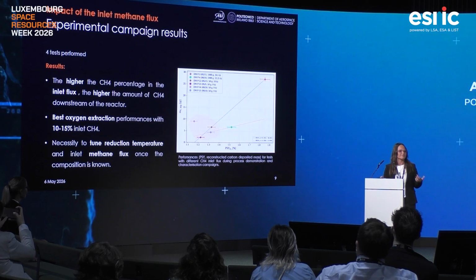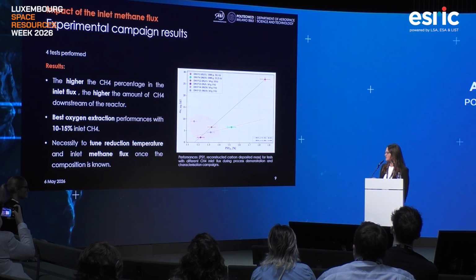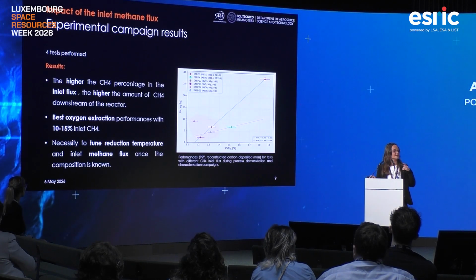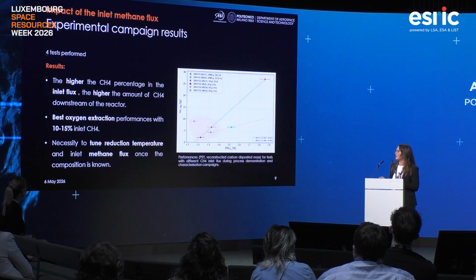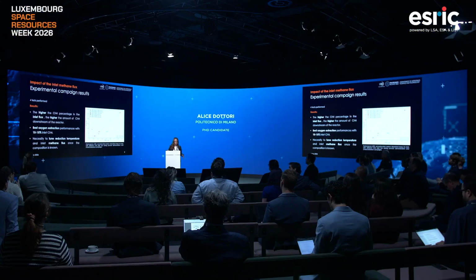And to investigate the carbon evolution and to optimize methane exploitation, we also played a bit with the inlet fraction of methane. Because in the test I presented before, we were stuck with 15% of methane in the inlet flux.